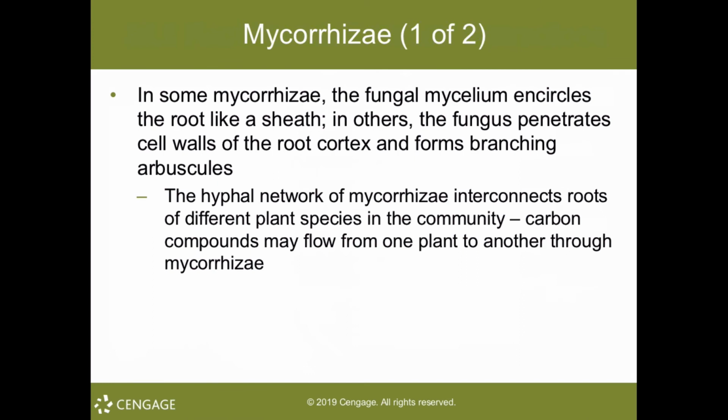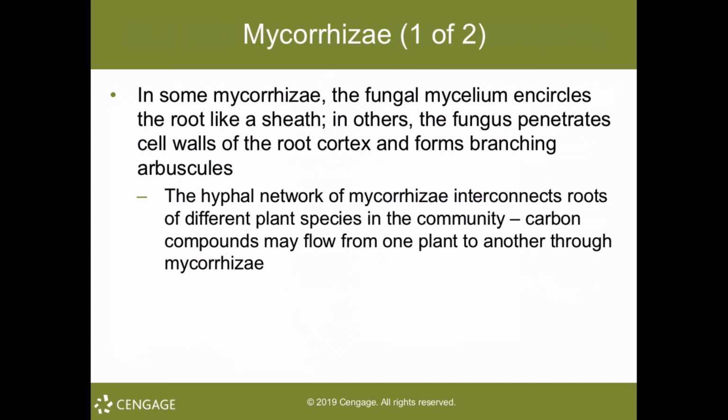The subterranean associations between roots and certain fungi, known as mycorrhizae, are found in virtually all, I repeat, all terrestrial ecosystems. Mycorrhizae permit the transfer of materials such as carbon compounds produced by photosynthesis from roots to the fungus. At the same time, essential minerals, such as phosphorus, move from the fungus to the roots of the host plant.